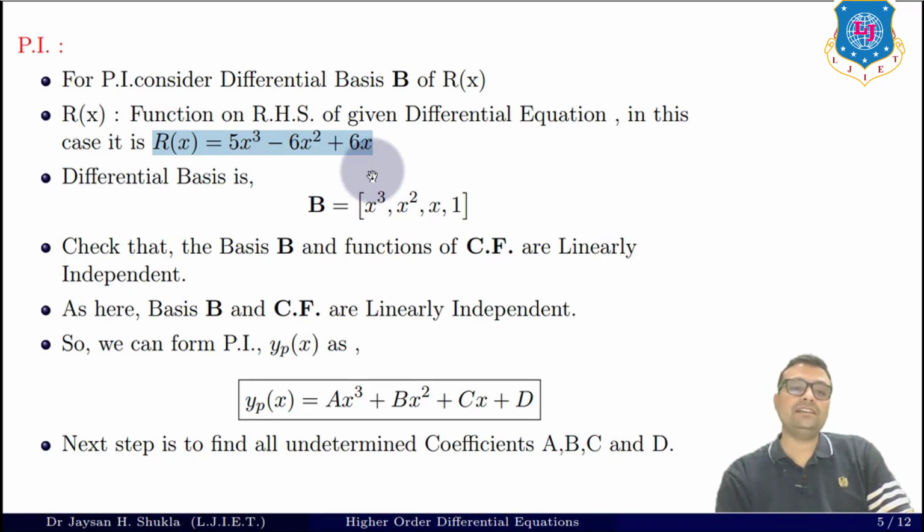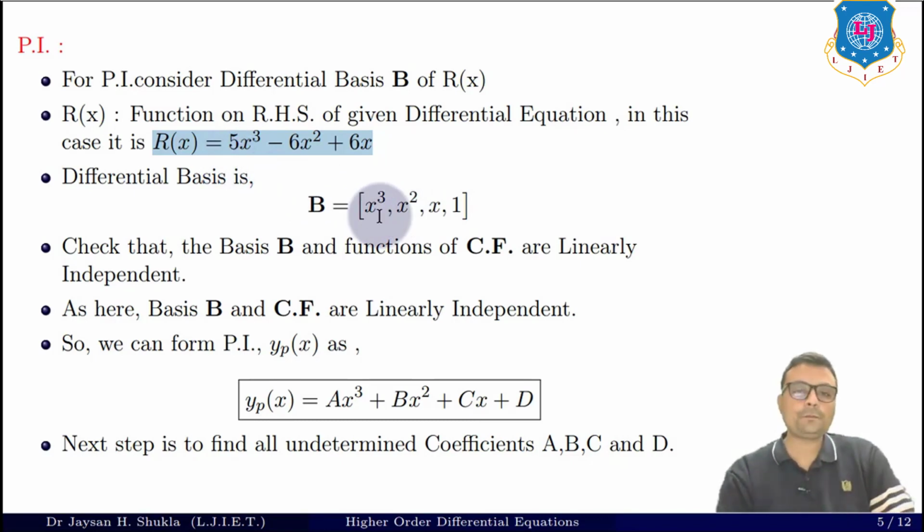If I take a derivative, it will give me x squared and x as components. If I take one more derivative, it will give me x and a constant. And finally, if I take another derivative, it will give me a constant, and later on all possible derivatives will be 0. So the main motive is how many variables and constants we require to generate all possible derivatives along with this function. So it is x cubed, x squared, x and 1.